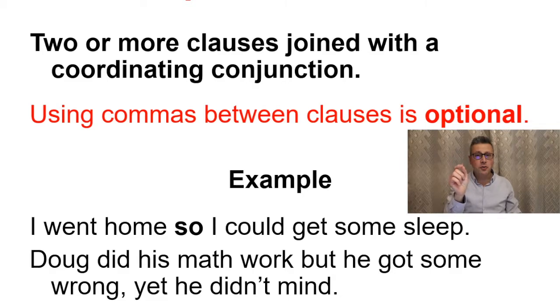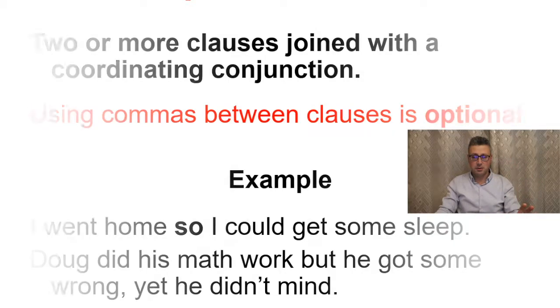But is a coordinating conjunction. But he got some wrong. He got some wrong is another complete sentence. I have joined one complete sentence, Doug did his math work, with another complete sentence, he got some wrong, with but, and then I have a compound sentence. I will talk about yet he didn't mind later on. I just would like you to think about this compound sentence.